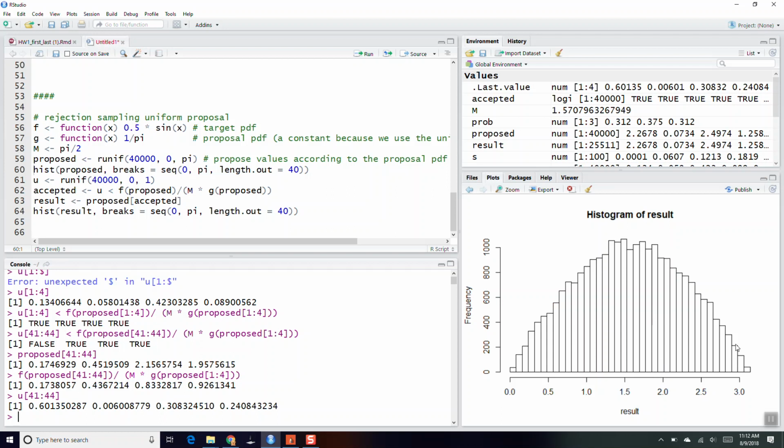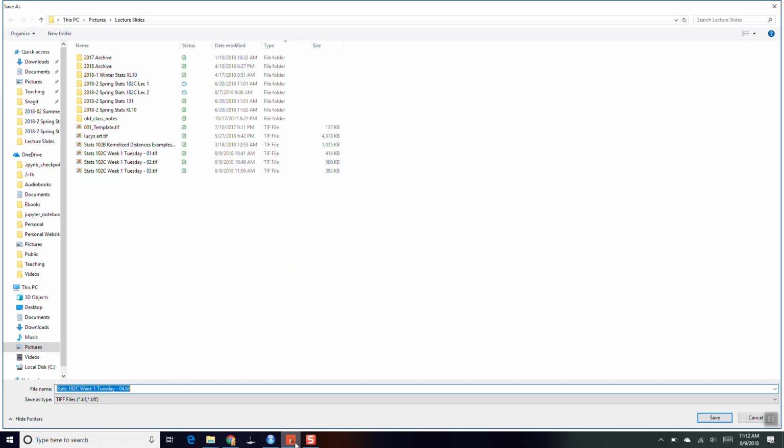But out here they're rejected more, right? And so we end up accepting only those with a probability according to the PDF. All right, I hope that makes sense.